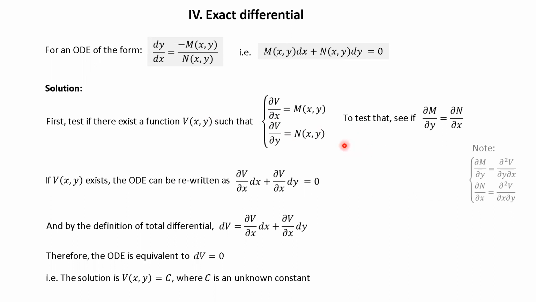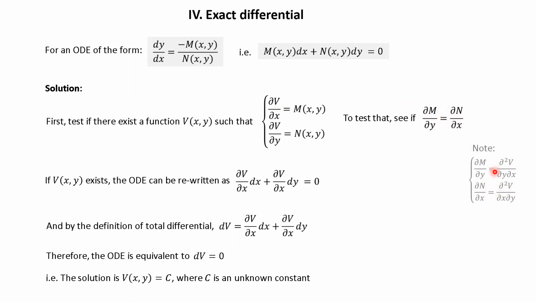Because if M is indeed partial V partial X, and N is indeed partial V partial Y, then these two functions will satisfy this equation. Why is it? Because this partial M partial Y is given by this second derivative, partial square V partial Y partial X, and this partial N partial X is given by partial square V partial X partial Y.